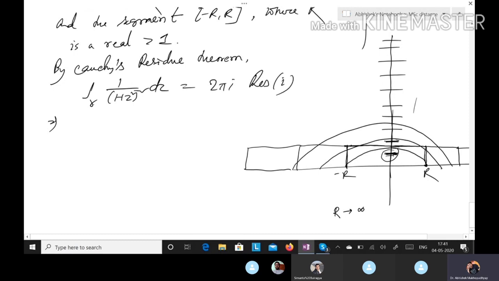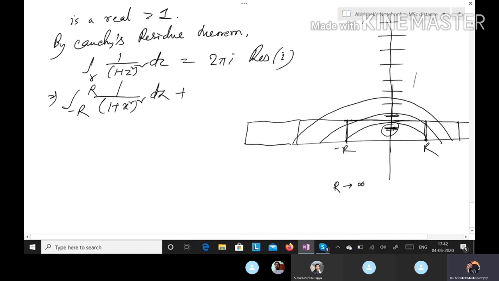Since it is the union of two paths, the semicircle and the segment, we can divide it into two integrals. For the segment we will change to the real variable x, and for C_R it is the integral of 1 by (1 plus z square) squared over C_R. So this is 2 pi i times the residue at i.